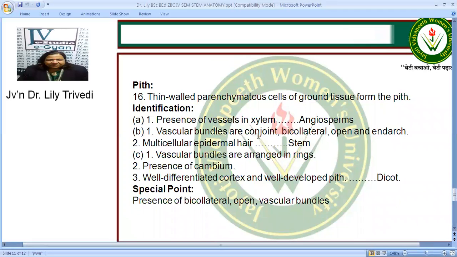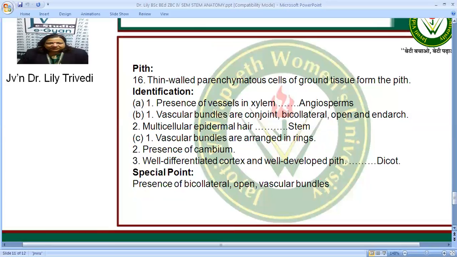Conjoint means they are present together. Multicellular epidermal hairs are present. Vascular bundles are arranged in a ring. Cambium is present. A well-developed cortex and pith are present. So bicollateral open vascular bundles are the special point of the dicot stem.